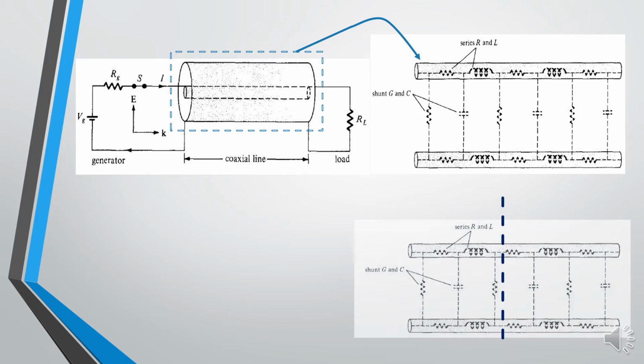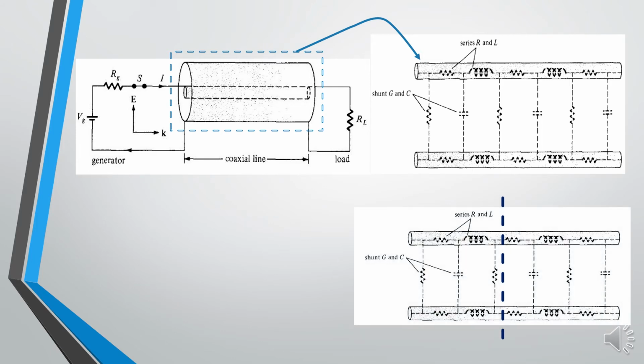Now you can also find that the left hand side and the right hand side of the dotted line are symmetric to each other. Therefore, we can also define image impedance for the left hand side and right hand side of this dotted line.